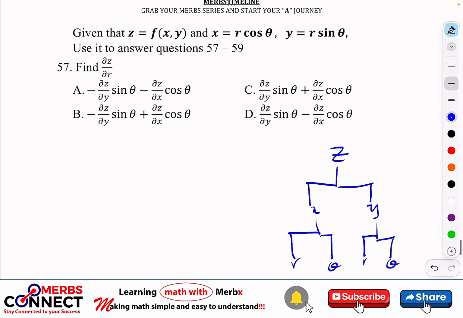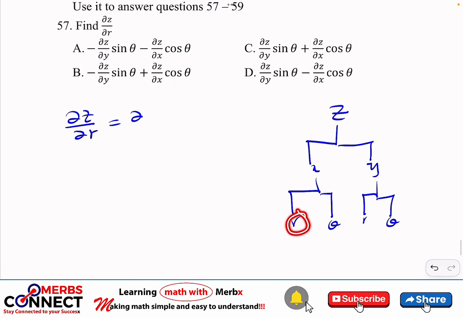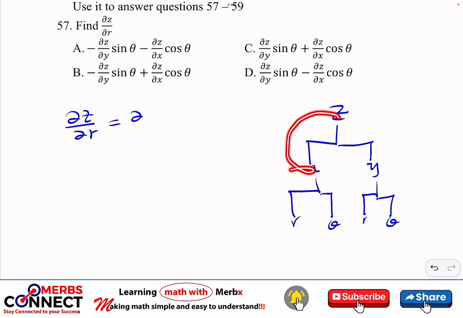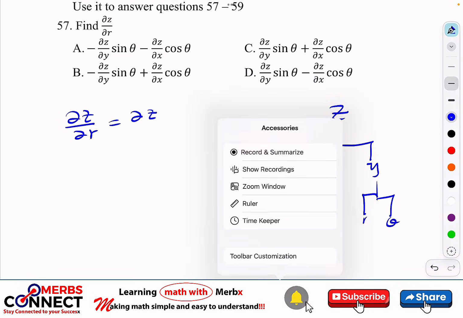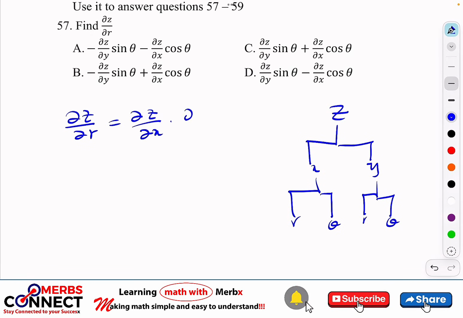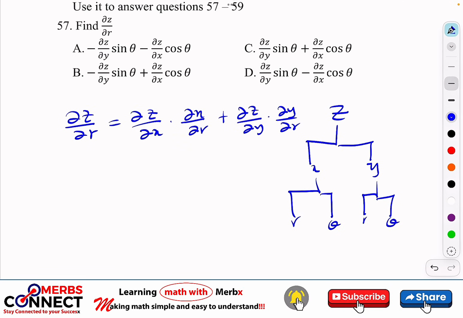So try this one too and leave your answer in the comment section. I can write this one for you. Because we want to get to r, go to x first before you get to r. So z, go to x first before you move from x to r, plus z, go to y first, then you move from y to r. So use this one and then just do it.